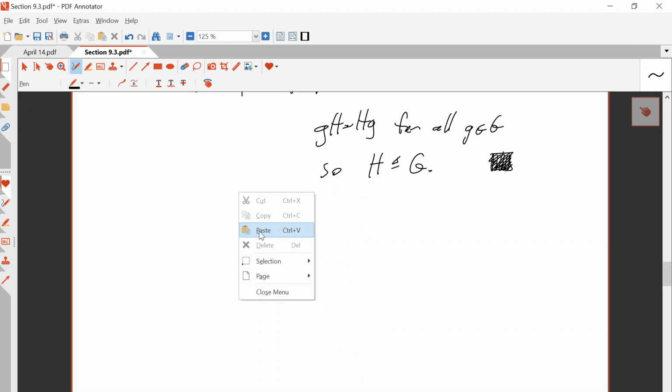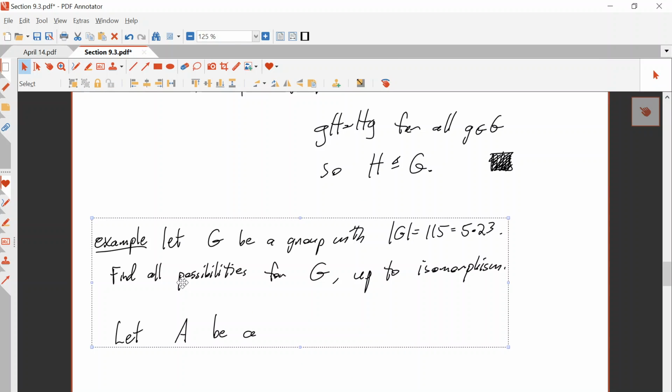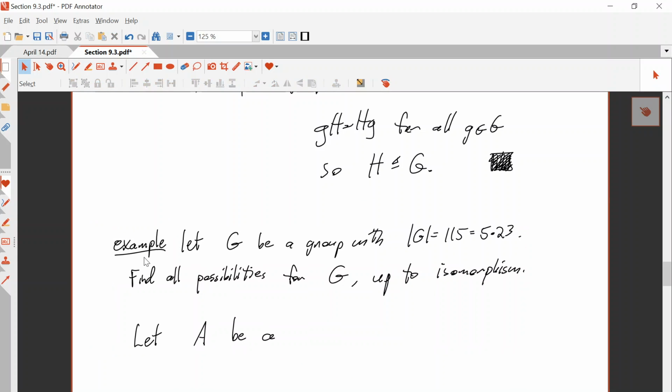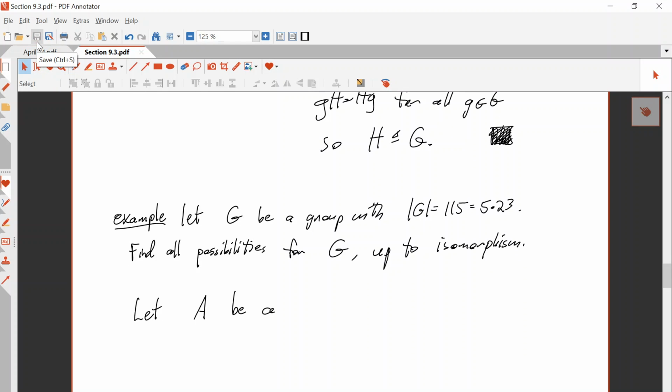So, for example, let G be a group of order 115, which is 5 times 23. Find all possibilities for G up to isomorphism.